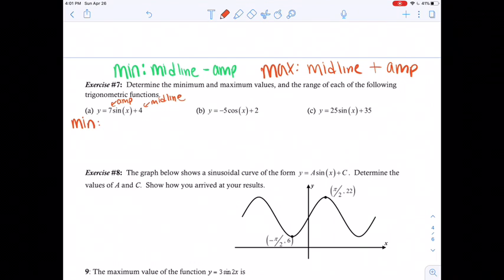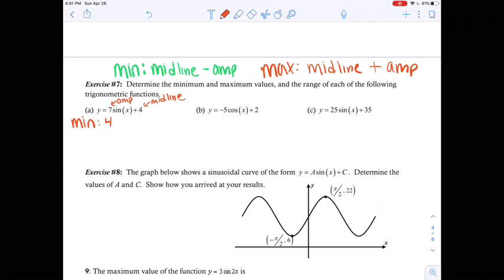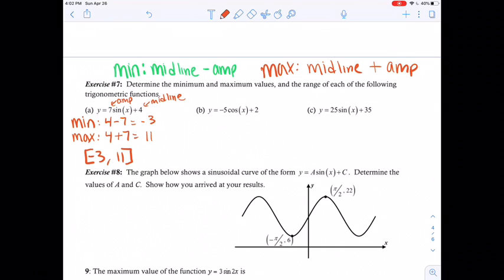So to find your minimum here, in letter A, you're going to do 4 minus 7, which is -3. To find your maximum, you're going to do 4 plus 7, which is 11. So this wave, this cosine graph, would go from -3 to 11. Let's try it again here.